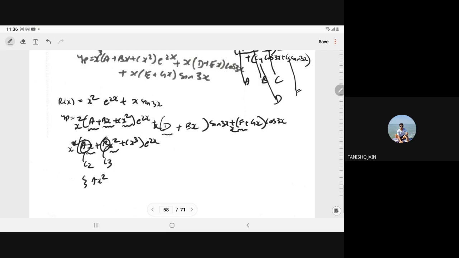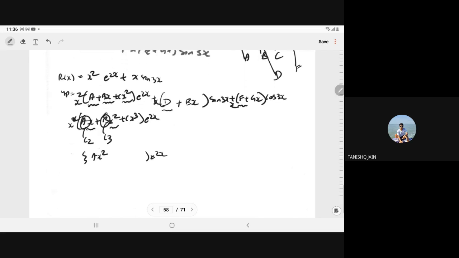So here we have ax square into e to power 2x. Again this a corresponds to c3. So to avoid that, again you multiply with x.